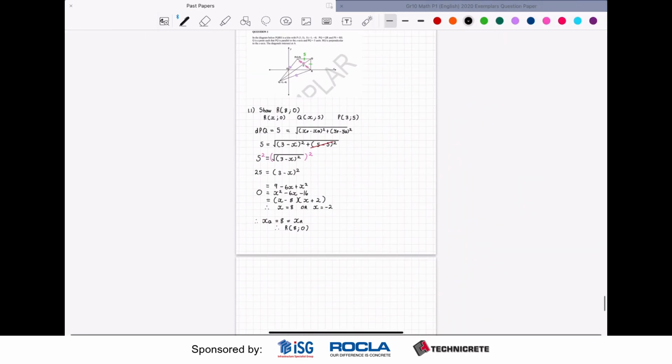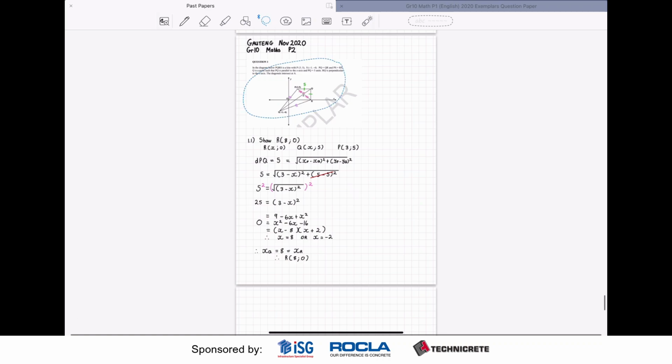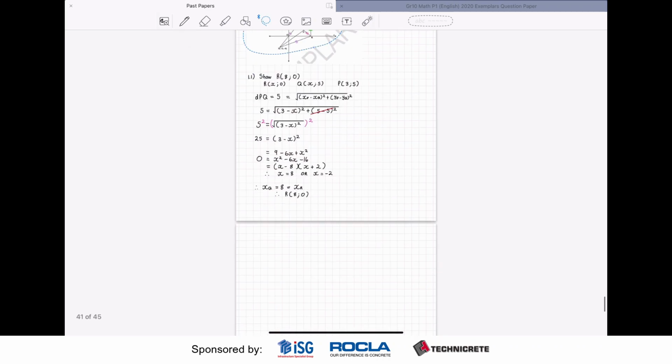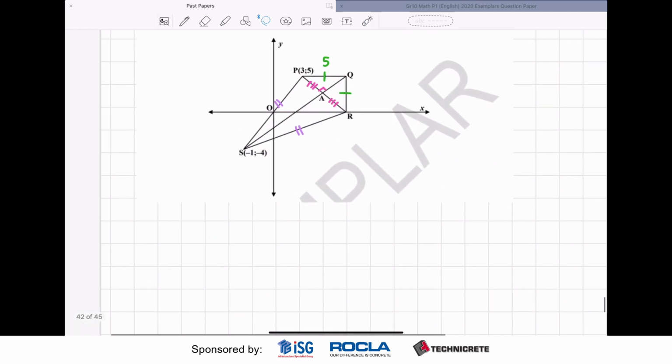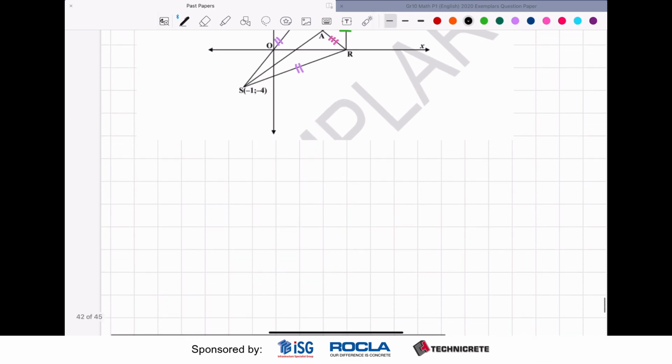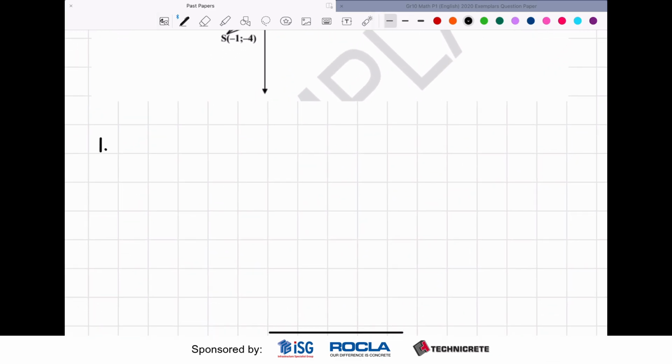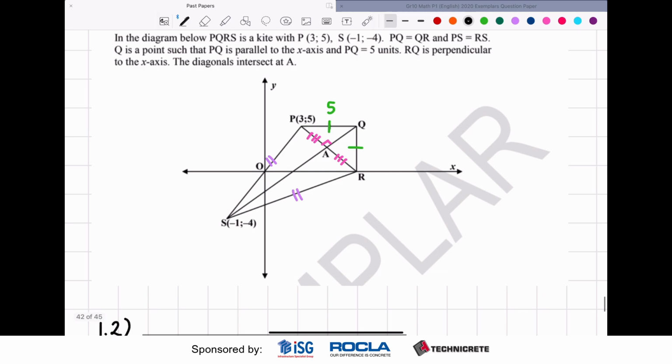Okay, moving on to the next part. Now question 1.2 asks me to find the coordinates of A. So here's A, and from my properties of a kite, I know that the long diagonal is going to bisect this diagonal, which means that this is equal in length to this, which means that A is the midpoint of this line, PR.